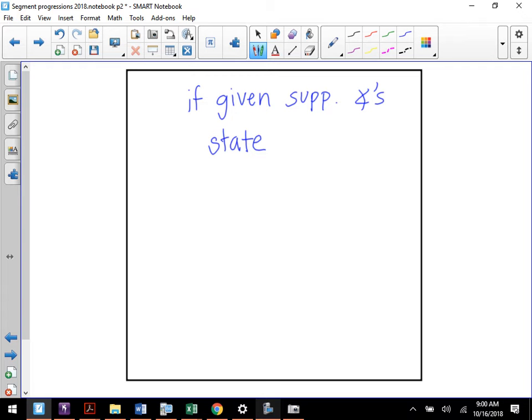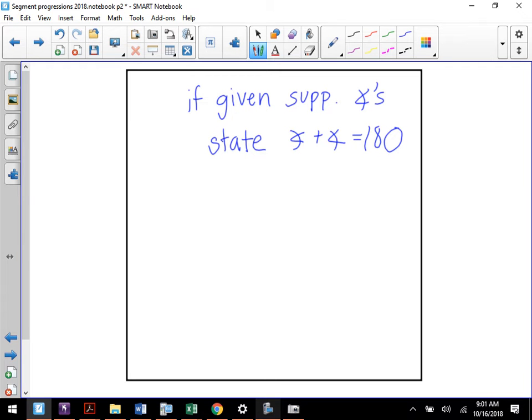So you haven't worked with supplementary before. What does supplementary mean? How many degrees? 180. Yeah. So if given supplementary angles, then your statement is going to be that your two angles should add up to 180 degrees. So that makes sense. Just remember supplementary goes with 180.